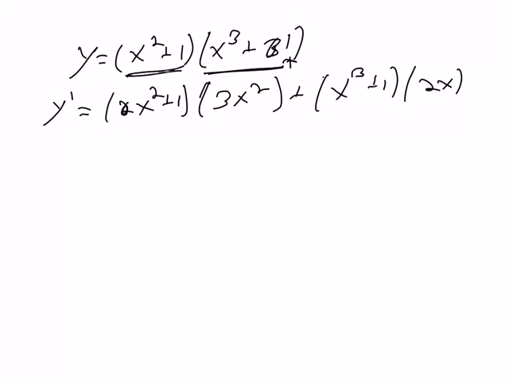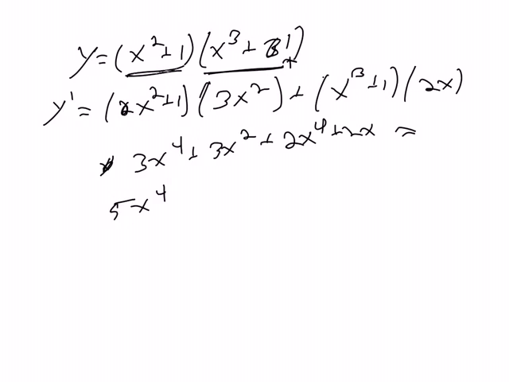So this is going to equal, let me see, 3x to the fourth plus 3x squared, and then plus 2x to the fourth plus 2x. So this is equal to 5x to the fourth plus 3x squared plus 2x.